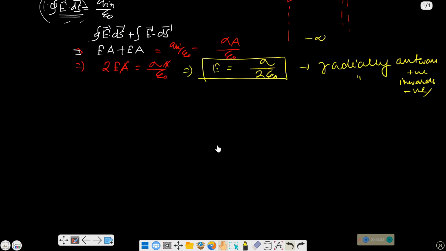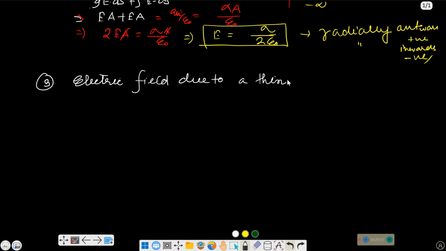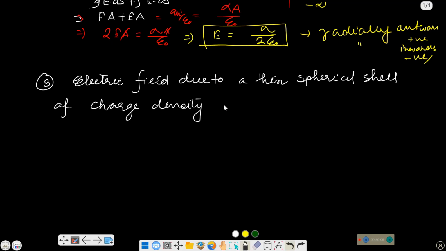Then our third application is the electric field due to a thin spherical shell of charge density sigma.